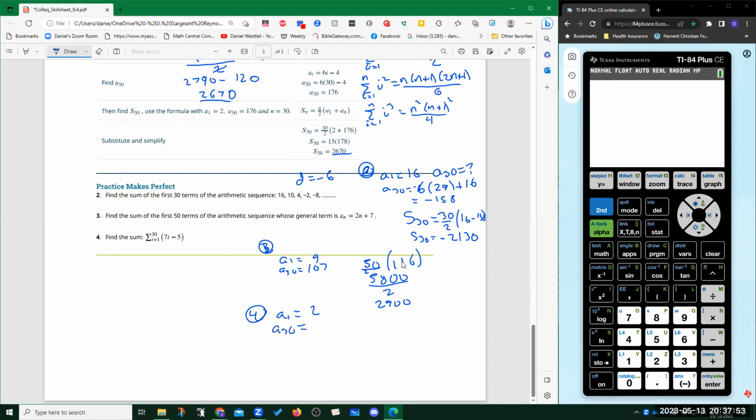A30 is 210 minus 5, which is 205. We've got 30 terms, so 15 times, add 205 and 2, is 207. That is 3105.